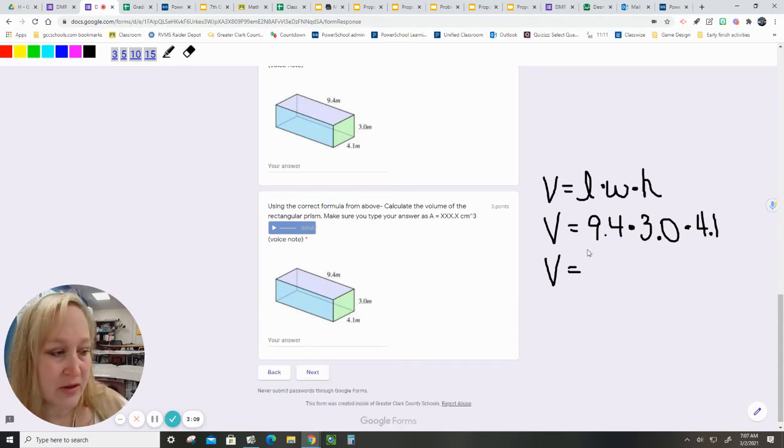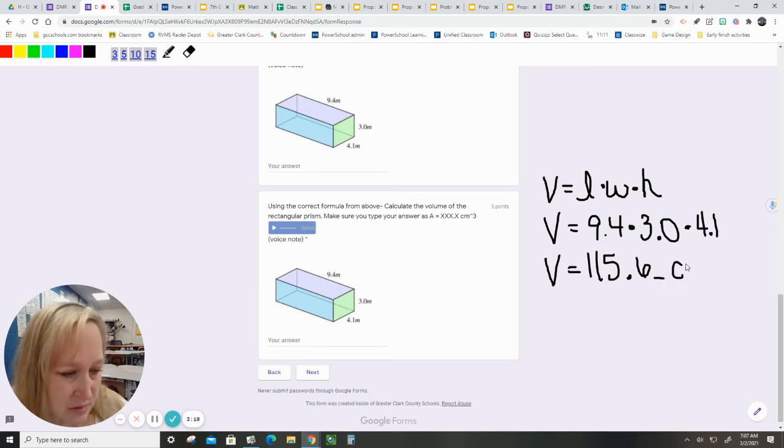Once I used my calculator, the answer was 115.6 meters caret 3. So that'll be what you type down here, and your answer should be correct.